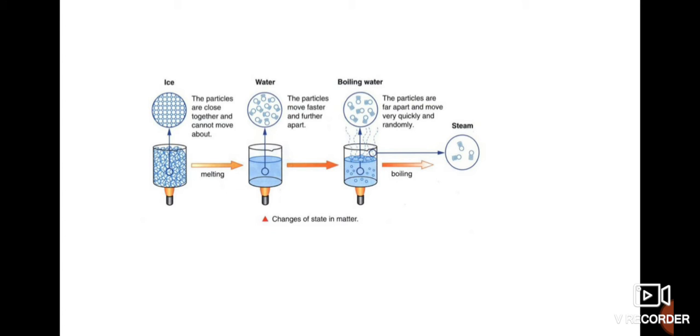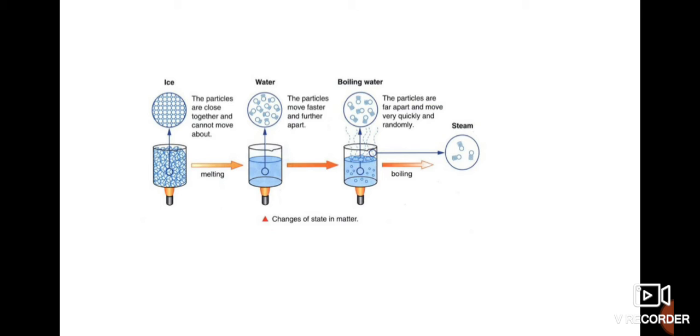Now, starting with change of state of matter, when ice is changing to water, the particles are very close together and cannot move about in case of ice. But when you supply heat, very slowly the kinetic energy within them will increase and they will change into water.